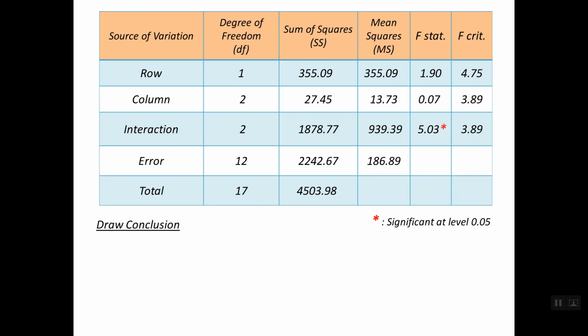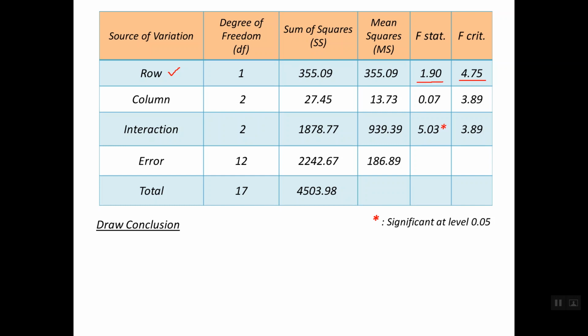Finally, we need to draw conclusions regarding the first factor. The value of the F statistics is 1.90, while the F critical is 4.75.